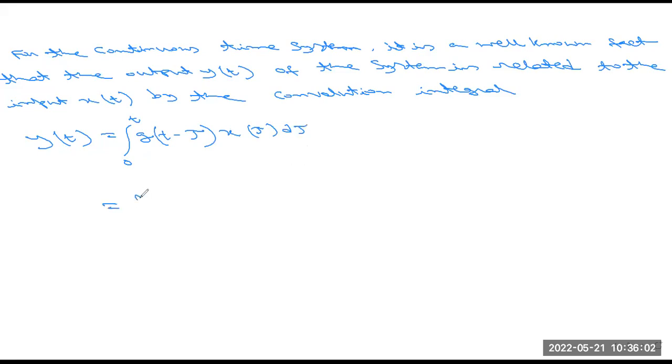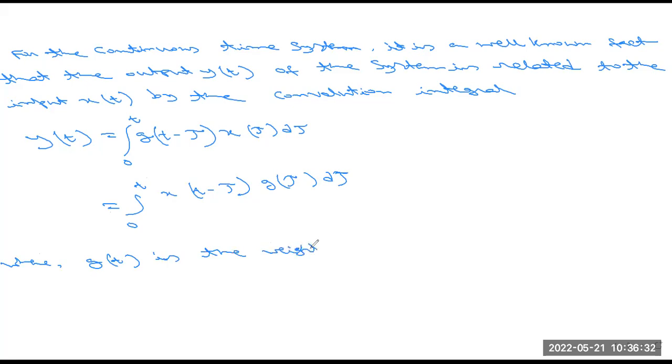So now we have to consider also the integration from 0 to t of x(t minus tau) into g(tau) d tau. Okay, where g(t) is the weighting function.